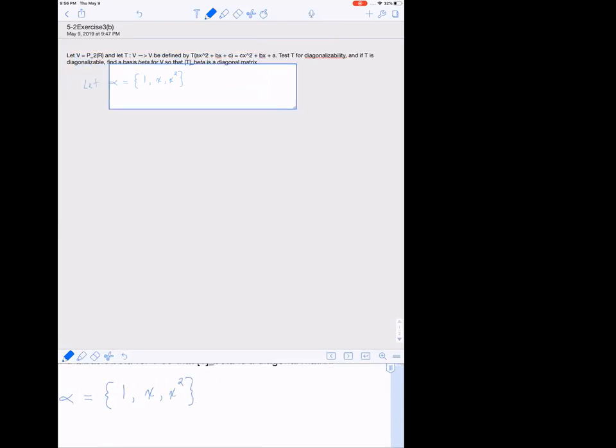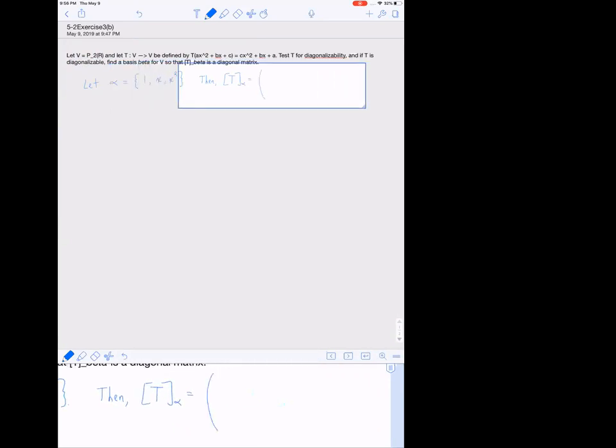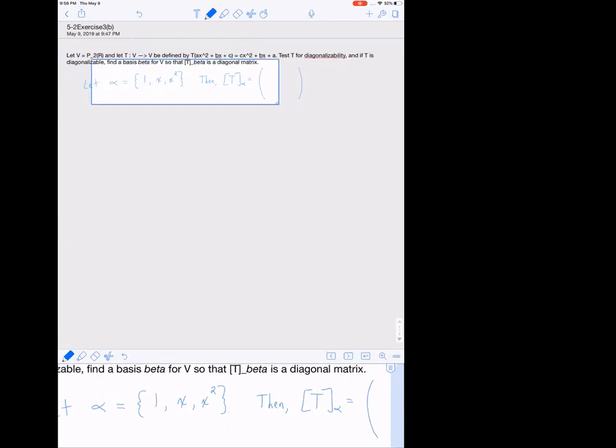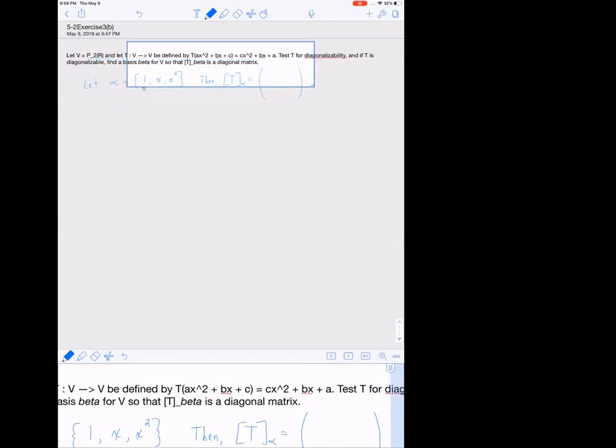So with respect to this basis, we should be able to write down the matrix for T. It's going to be a 3 by 3 matrix. To get the first column, we should apply T to the first vector in that basis. That's 1. So T of 1, that would be a equals 0, b equals 0, and c equals 1.